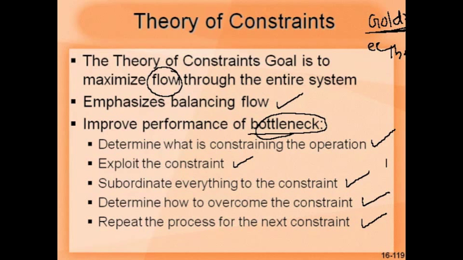As an example, suppose you have operation 1, 2, and 3. And suppose operation 1 makes 100 items per hour, whereas operation 2 makes 20 items per hour, and operation 3 is 50 items per hour.